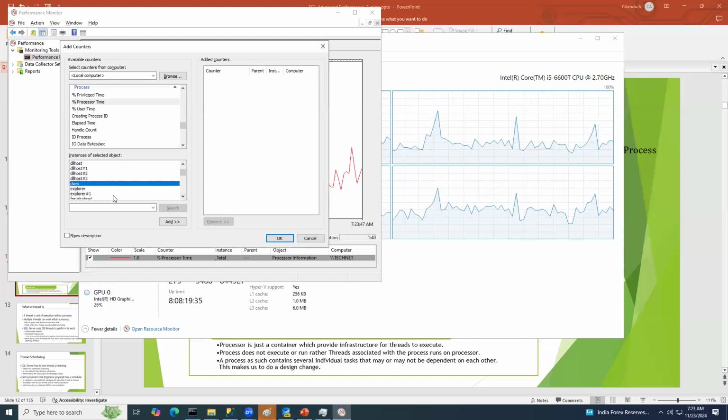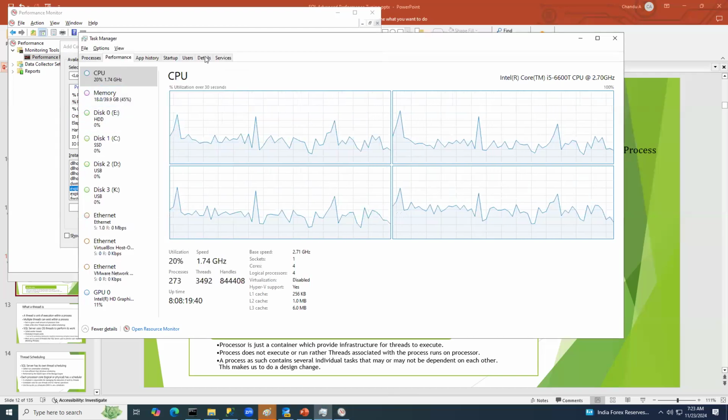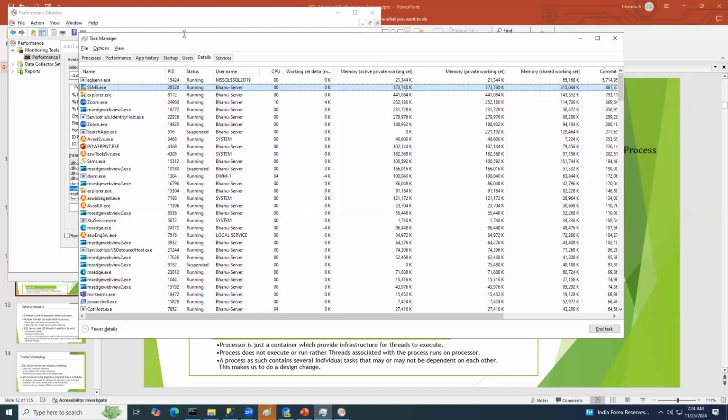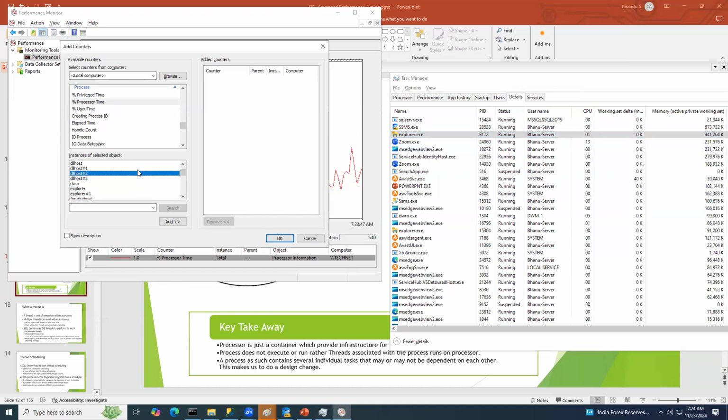Even if you go to Explorer, that's what I see here, explorer.exe. You will have Zoom also, if I click here and type Z, zoom. And SQL Server: click here, searching a keyword, SQL. So you have SQL Server, and you have SQL Agent.